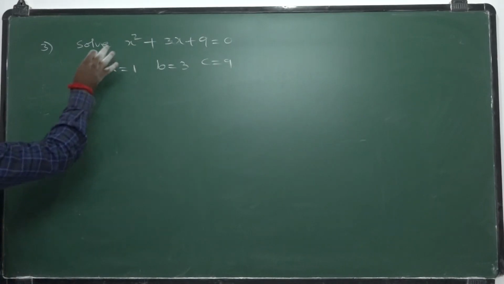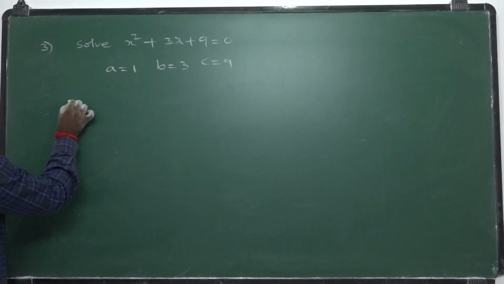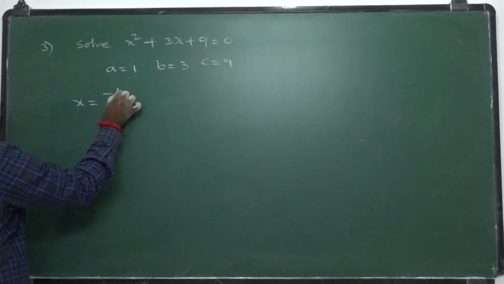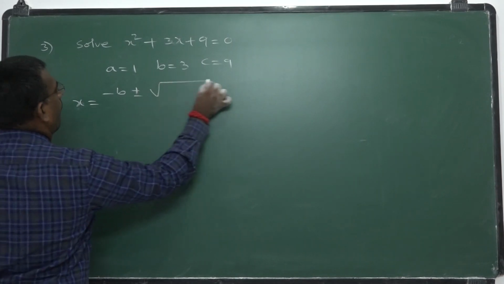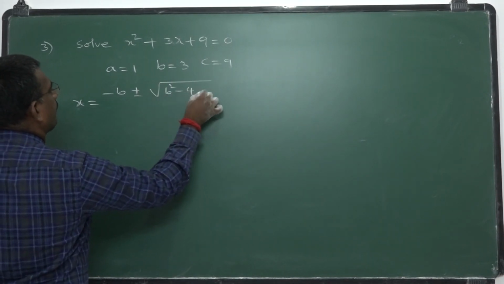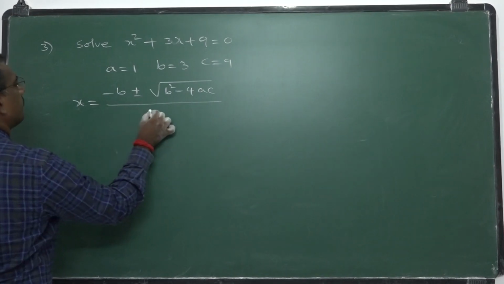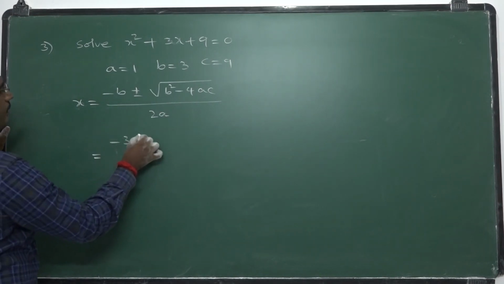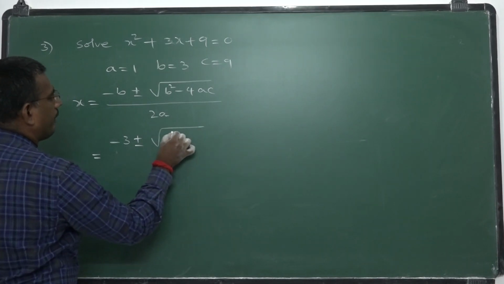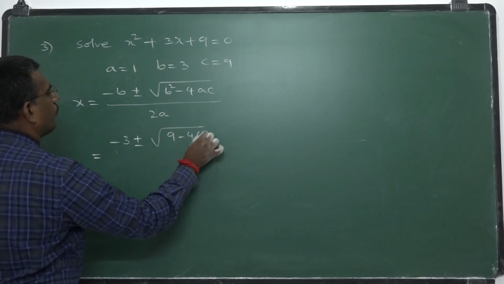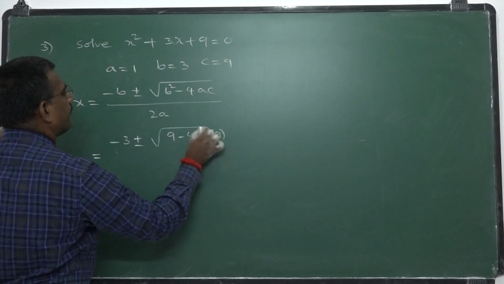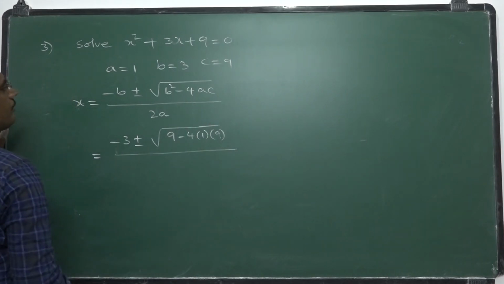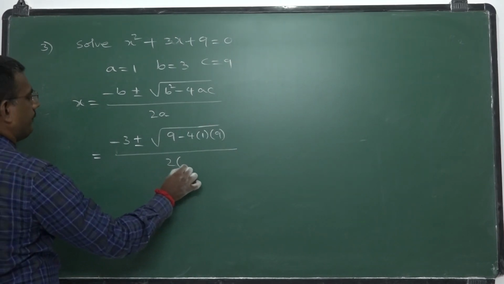So for finding solutions of this quadratic equation, we use the formula minus b plus or minus root of b square minus 4ac by 2a. So this is equal to minus 3 plus or minus root of 9 minus 4 into 1 into 9 by 2a, 2 into 1.